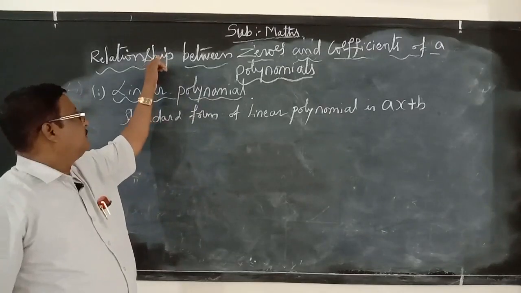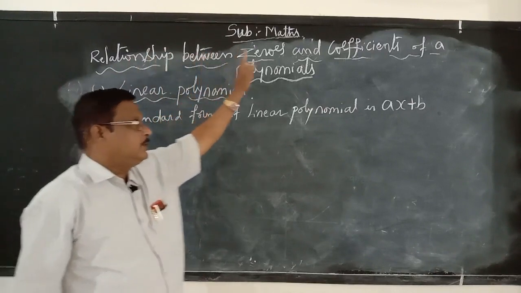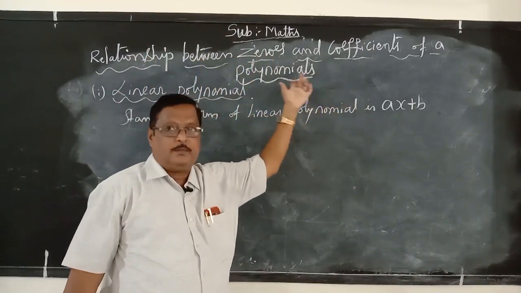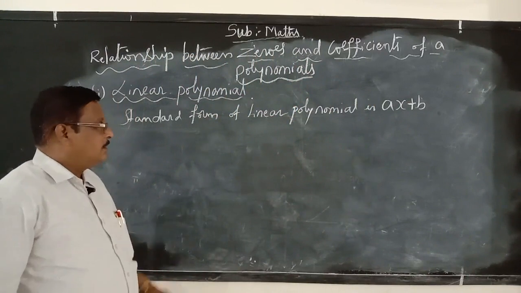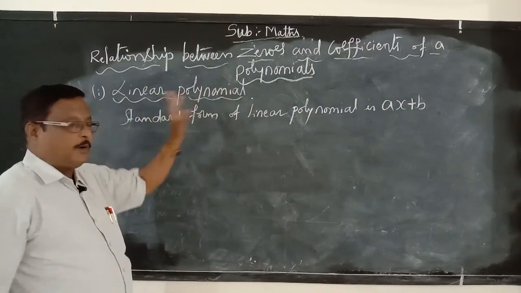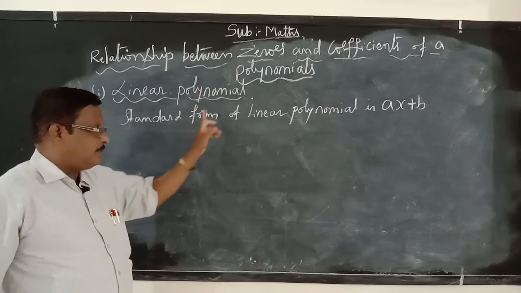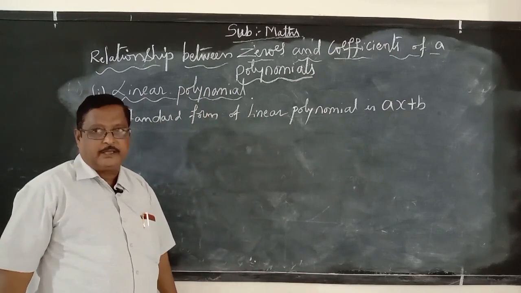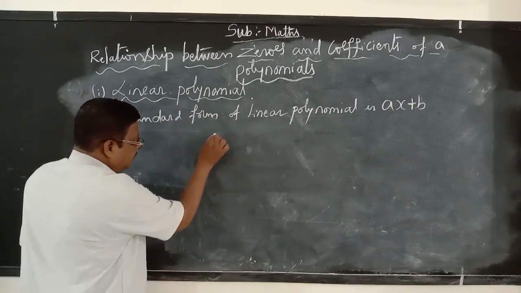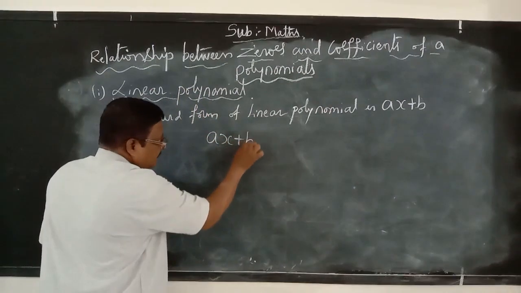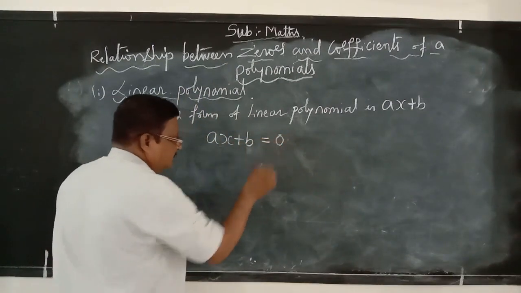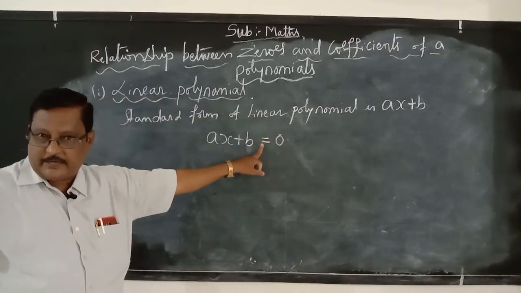The next side heading is the relationship between zeros and coefficients of polynomials. First, the linear polynomial. The standard form of a linear polynomial is ax plus b. When you equate ax plus b to 0, it is called a linear equation.